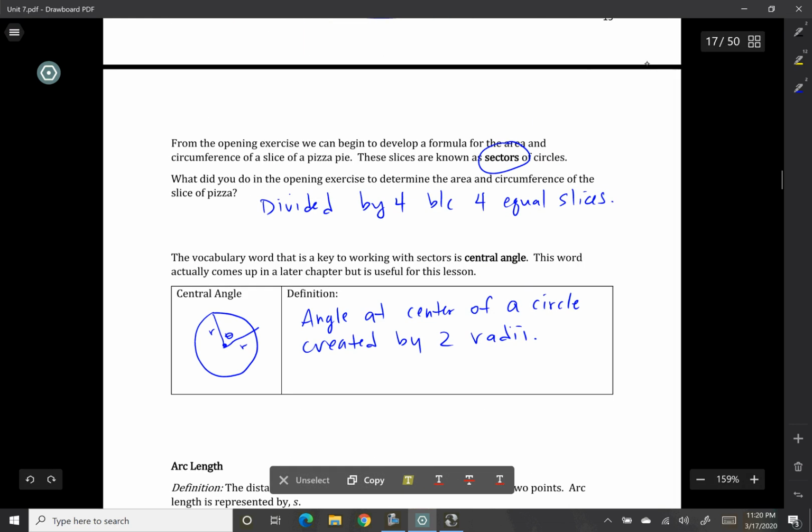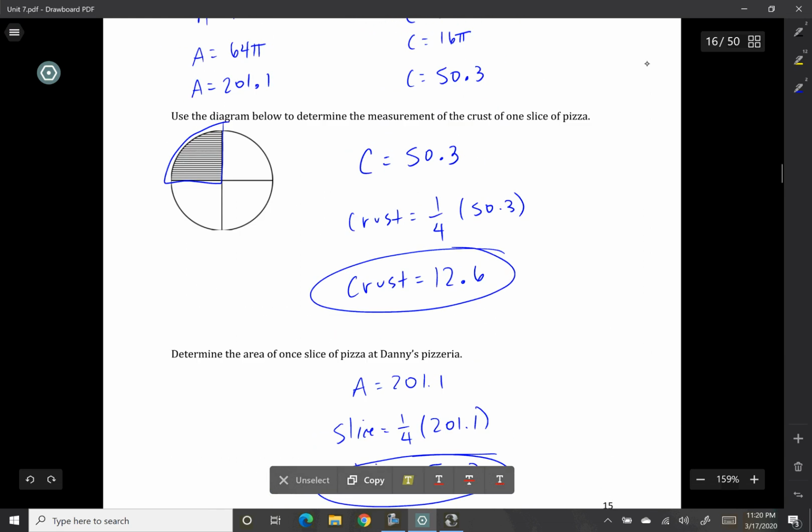So if I look back here for a second, each one of these slices of pizza has an angle of 90 degrees. My question to you is, how did I come up with 1/4 if the central angle is 90 degrees? Well, if one of the angles is 90 and a full circle is 360, that gives me 1/4.